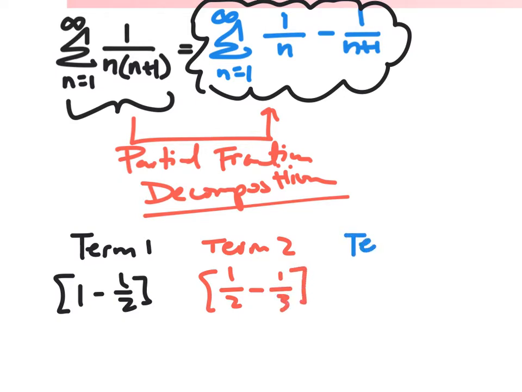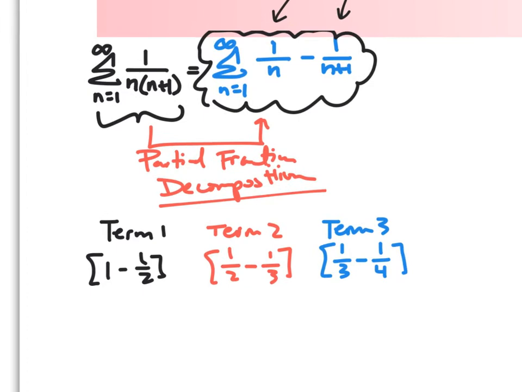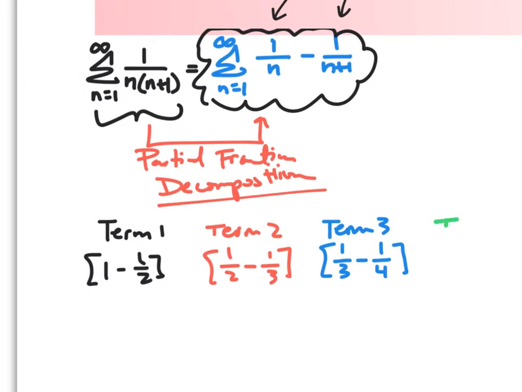Okay, term 3. I would typically go out at least 4 terms, maybe even 5. I got caught up in my own thinking. That'd be 1/3 minus 1/4. Term 4. That'd be 1/4 minus 1/5.